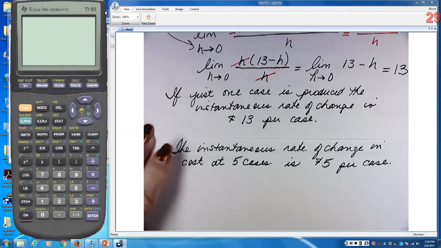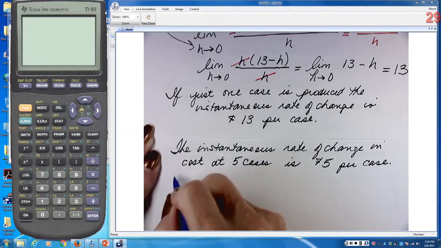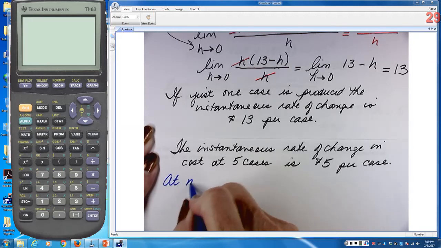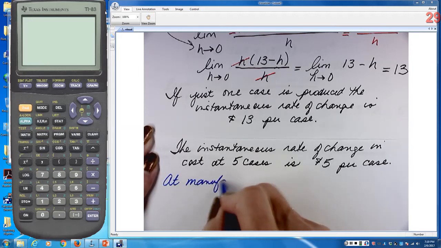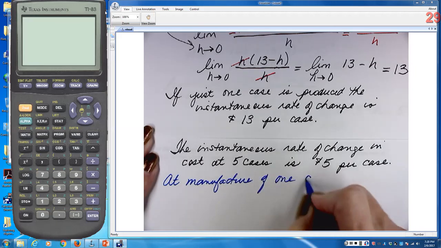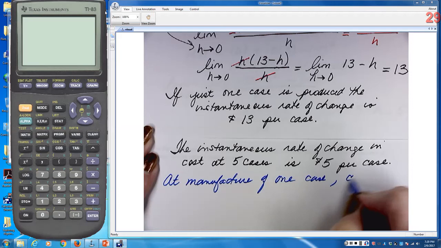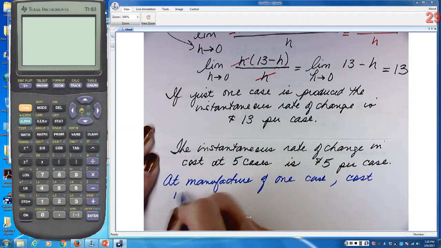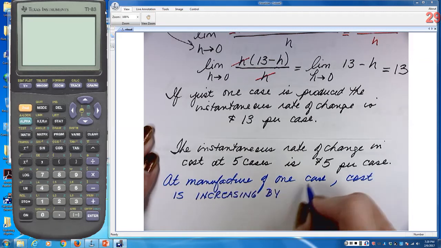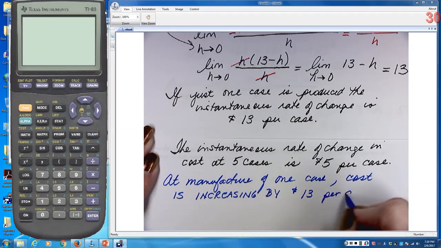Another way to write this that makes more sense to me: at manufacture of 1 case, cost is increasing by 13 per additional case.